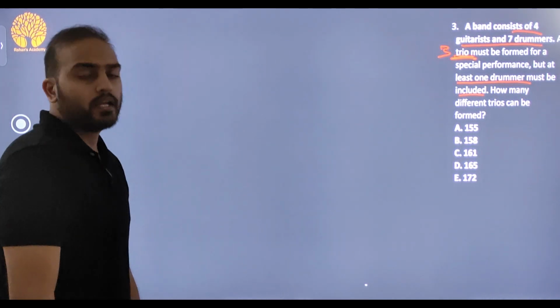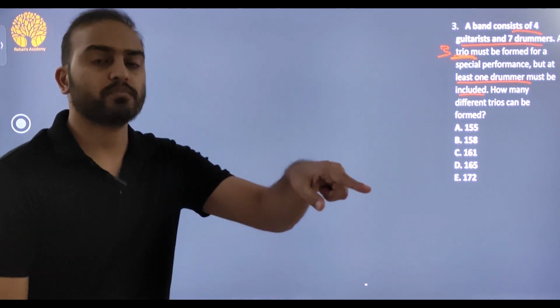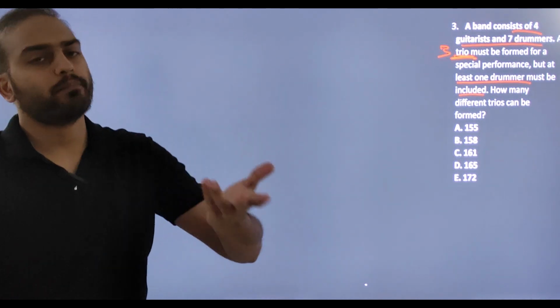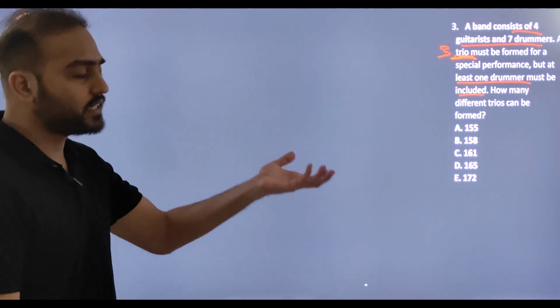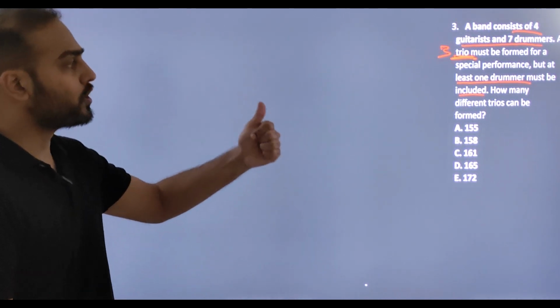Repetition can't happen because if you are selecting 3 people, the same person can't come thrice. Order does not matter. I take your name first, my name doesn't matter. So we know it is combination, because it is selection. Same as last time, what can we do?